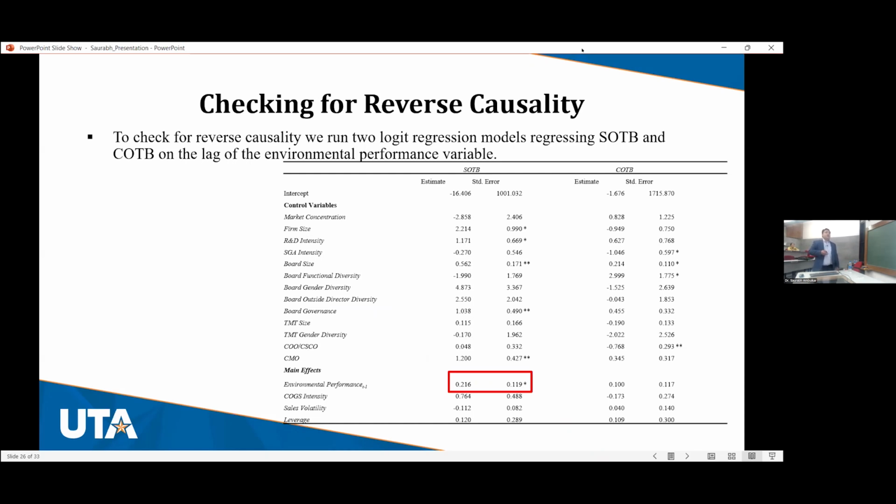So there seems to be some kind of relationship between better environmental performance and then getting a supplier on the board, but that may not be in the best interest of the company, because a customer on the board is doing a better job, or seems to have a better positive influence on the environmental performance of the firm.